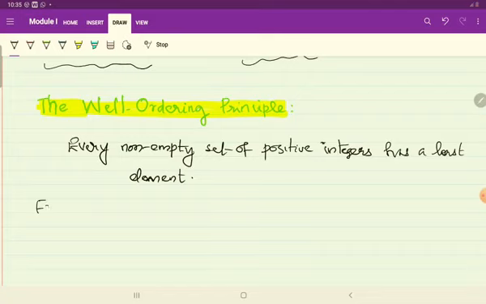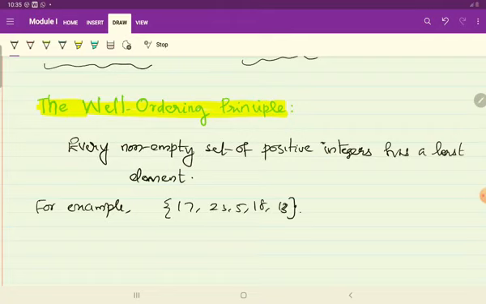For example, if we consider the set 17, 23, 5, 18, 13. We know this set contains only positive integers, and it is a non-empty set, and we can identify that this set has a least element which is 5.